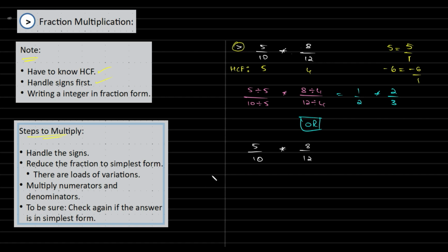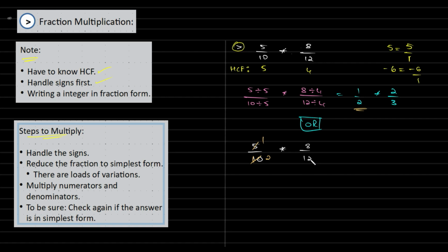So what are we looking at? Well, 5 by 10 into 8 by 12. The HCF between 5 and 10 is 5. So what we can do is divide the numerator 5 by 5 mentally, that is 1, and 10 by 5, that is 2. 1 by 2 is your first fraction, and that's what we got over here as well.